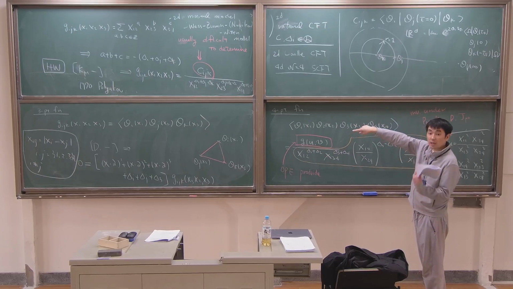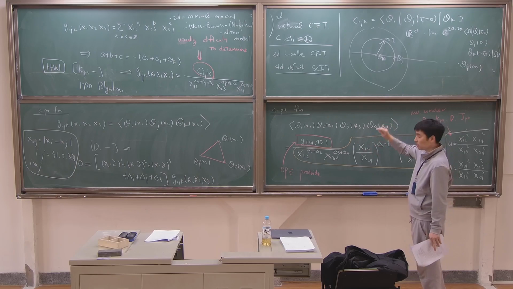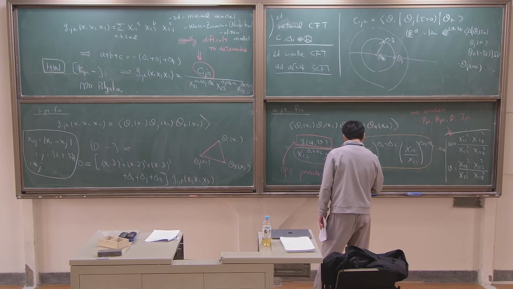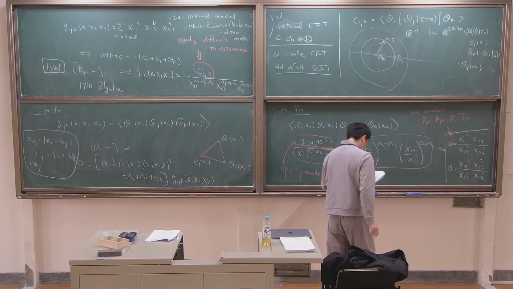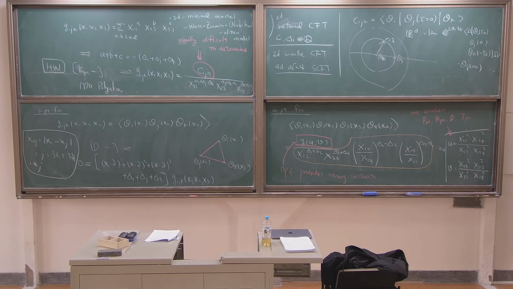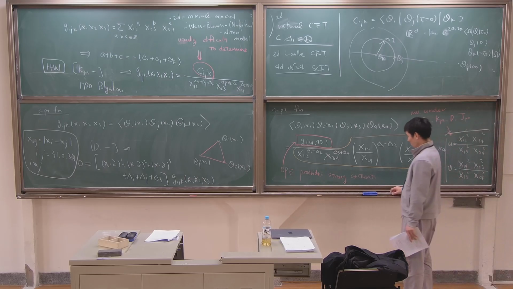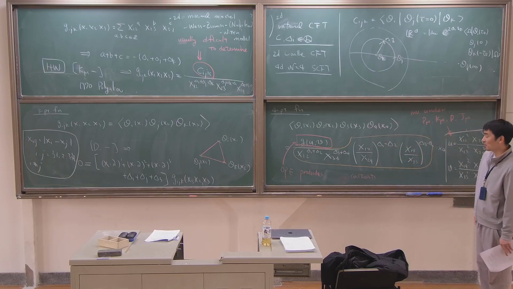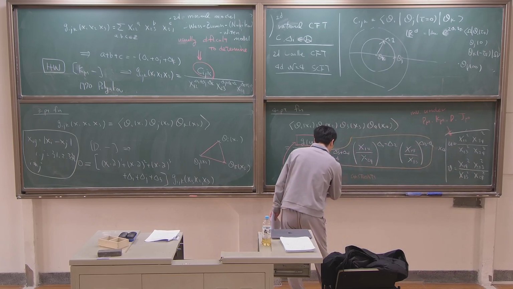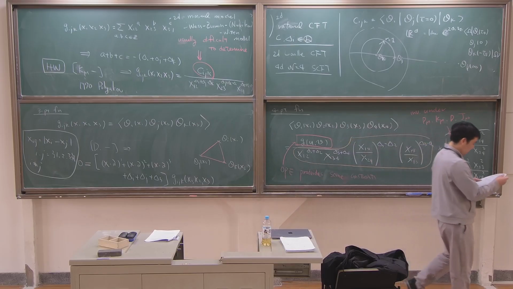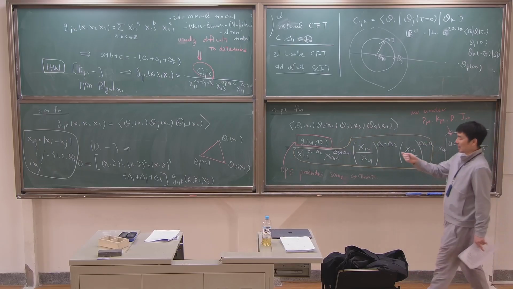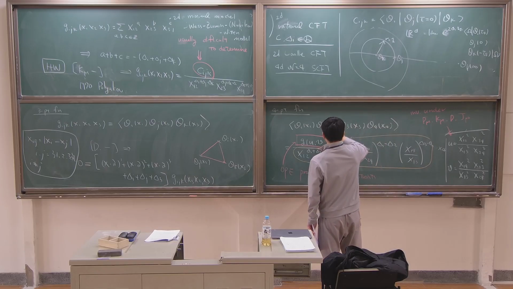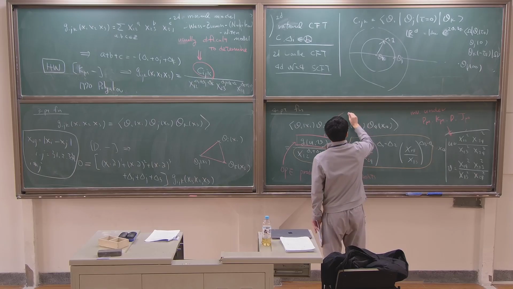Up to this point we don't use anything except conformal symmetry. The OPE provides some constraint, and using this constraint, in some cases, you can determine G of U and V. Using the OPE to determine it is called conformal bootstrap.